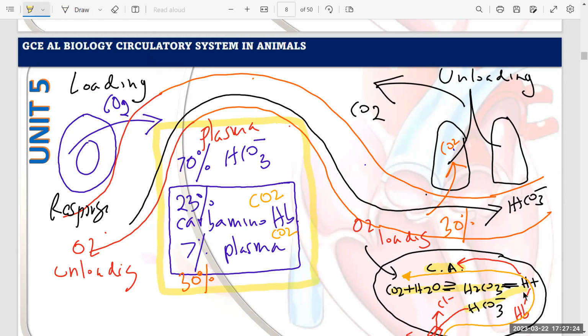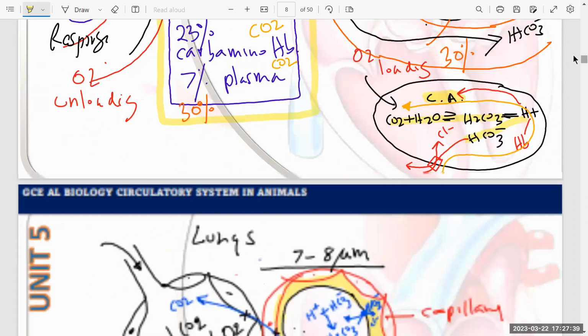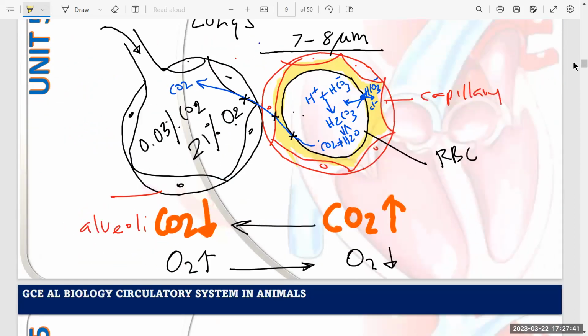Carbon dioxide plus water forms carbonic acid, which dissociates into hydrogen ion and bicarbonate ion, catalyzed by the carbonic anhydrase enzyme. And in the lungs, the opposite is happening. Bicarbonate going into the red blood cell combines with hydrogen ion to form carbonic acid, which dissociates into carbon dioxide and water.